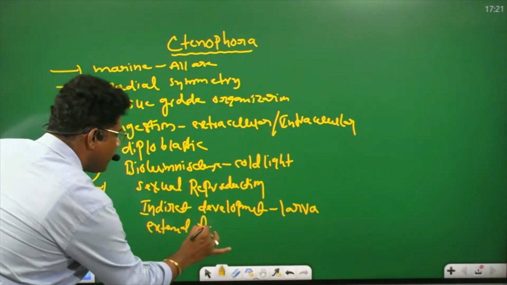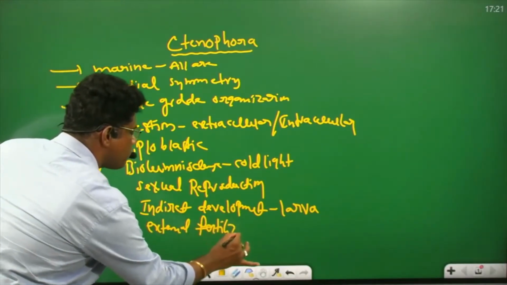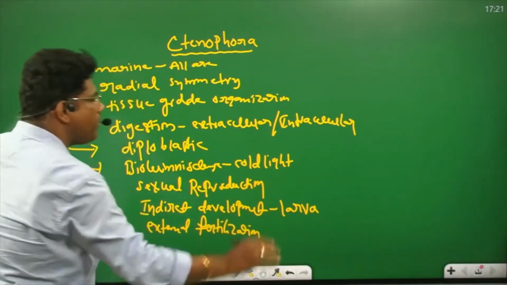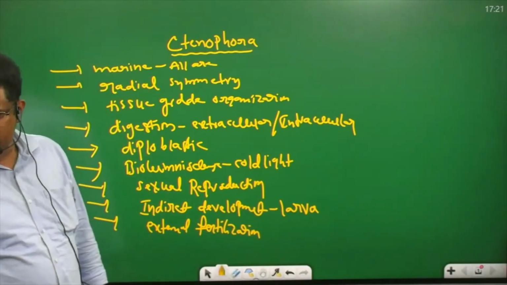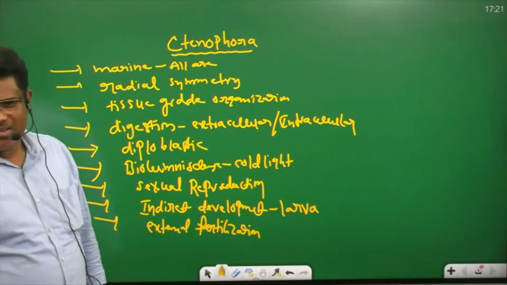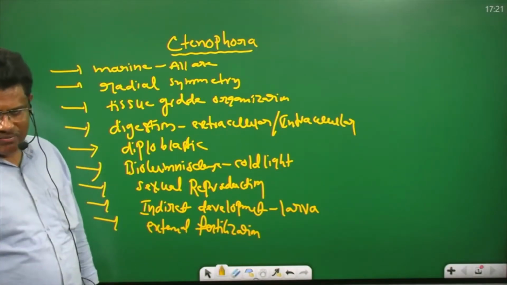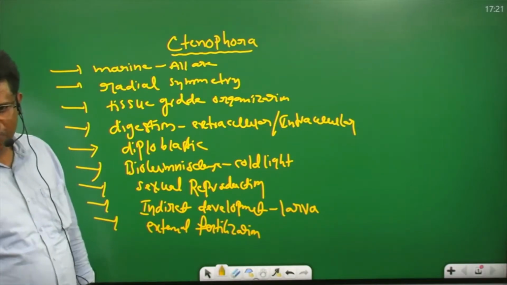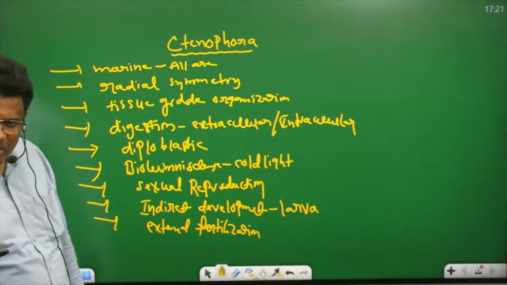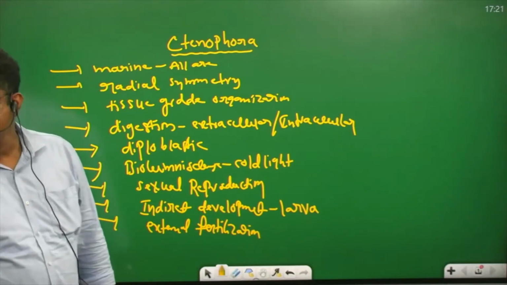Fertilization is external fertilization. You know what is the meaning of external fertilization? Sperm and ovum fuse in water. Male and female organisms release sperms and ova into water. Sperm and ovum fertilized in the water is called external fertilization.